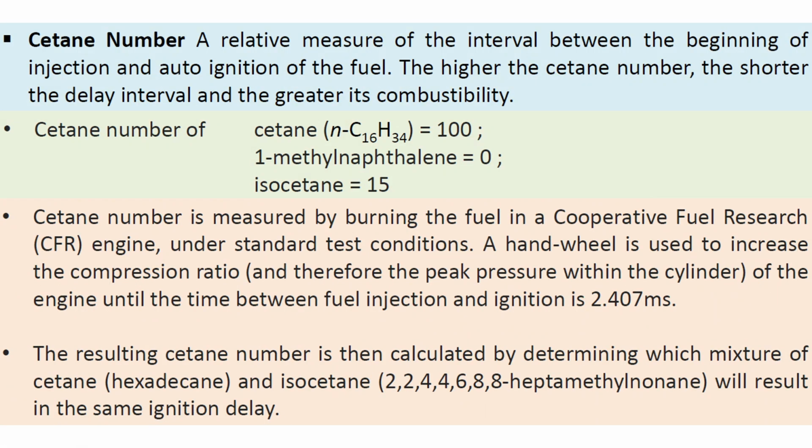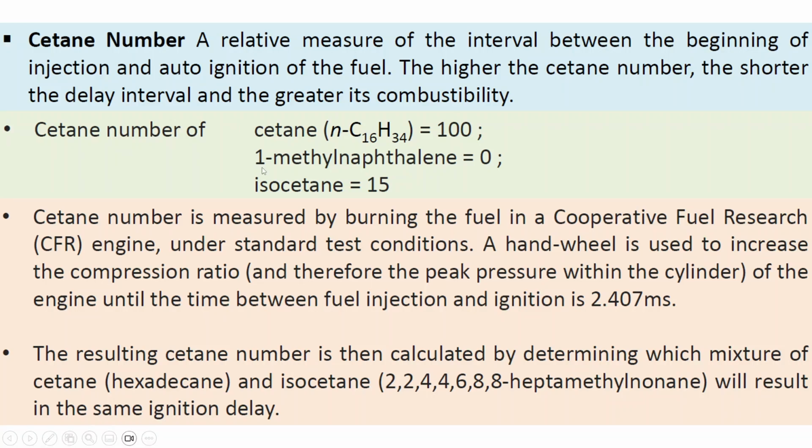Coming on to cetane number: octane number is the property of petrol, whereas the cetane number is the property of diesel. It is a relative measure of the interval between the beginning of injection and auto ignition of the fuel. The higher the cetane number, the shorter the delay between injection and auto ignition.